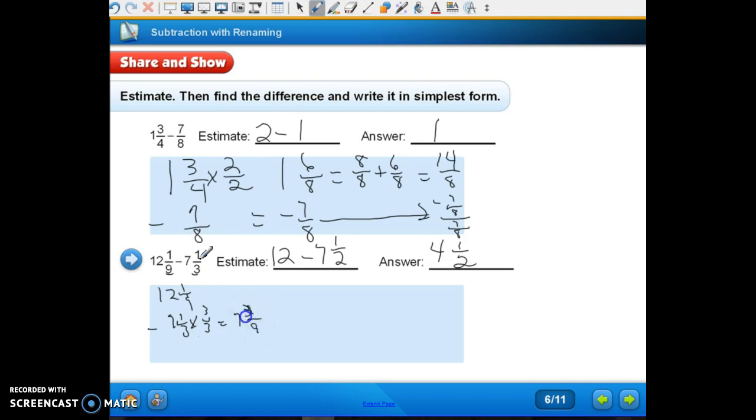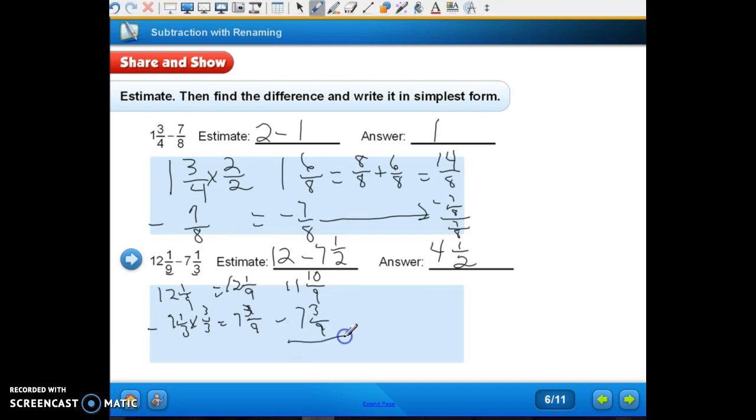And this is going to be equal to 12 and 1/9. Now, if I have 1/9, can I take 3/9 away? No. So now we've got to rename this. Take one whole away, so that would give us 11. That would give us 9/9 to add to our 1/9, which would be 10/9. And now we can subtract 7 and 3/9.